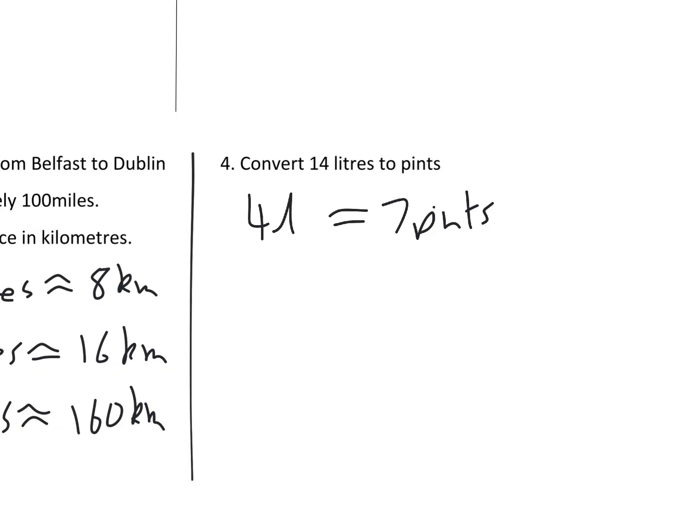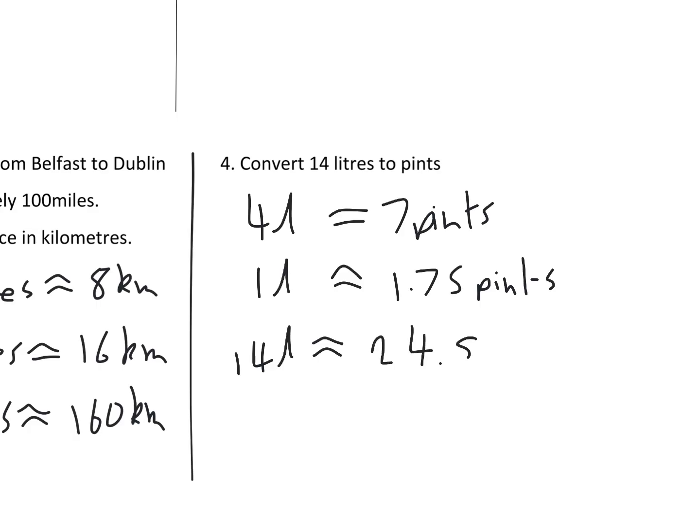You could find out what 1 litre would be. 1 litre would be 1.75 pints. And then times that by 14 because you want 14 litres. You could do it a non-calculator approach as well, but you get the idea. That gives you 24.5 pints. That's it. If you want to know how to do it non-calculator, just keep listening though.